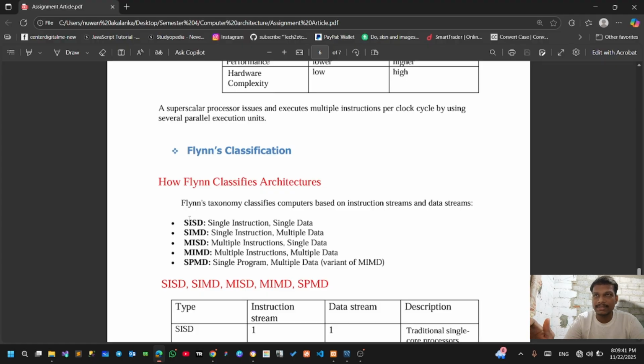First one is SISD, single instruction single data, and SIMD means single instruction multiple data, MISD means multiple instruction single data, and MIMD means multiple instruction multiple data. Last we have SPMD, single program multiple data. This is a variant of MIMD.